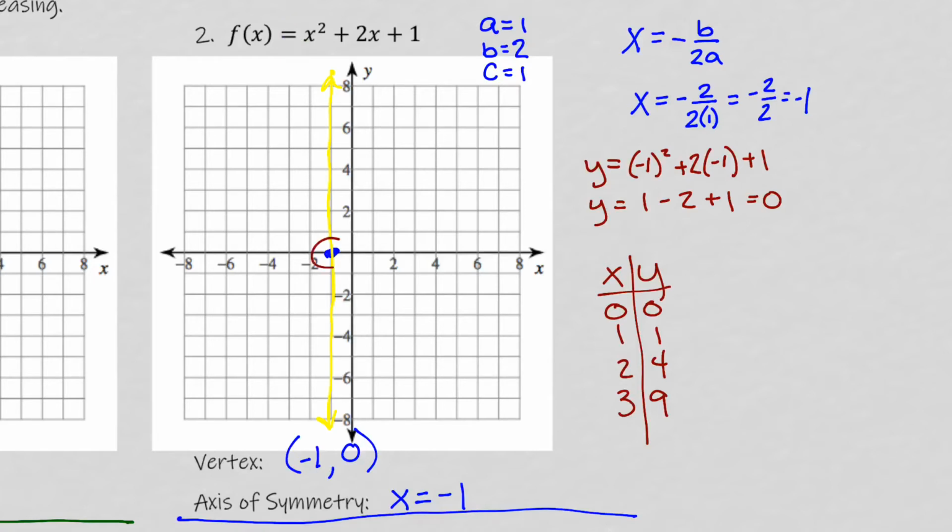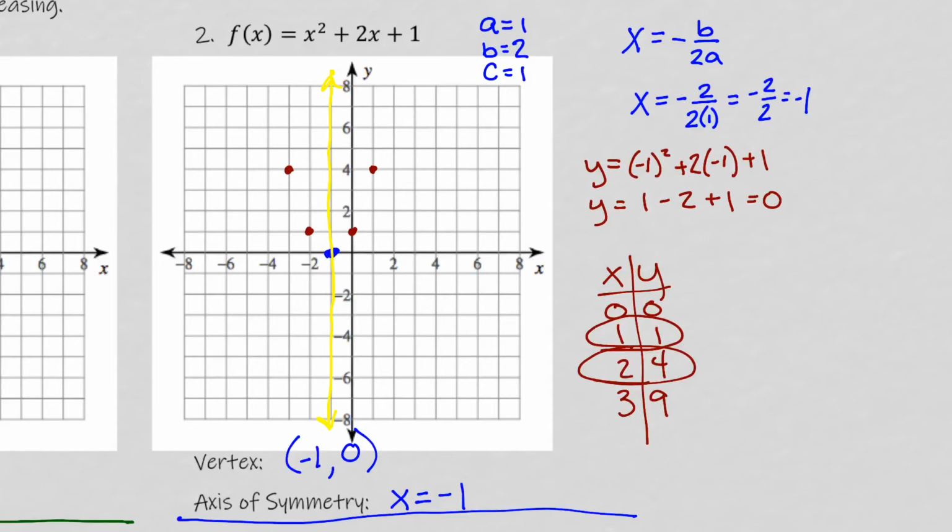So from the vertex right here, I'm going to plot these points, because remember, this 0, 0 became our vertex. So from there, I go right 1, up 1, and I put a point, and I go left 1, up 1. You've got to do it on both sides of that axis of symmetry. I go right 2 from the vertex and up 4.